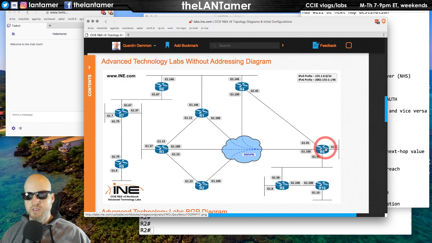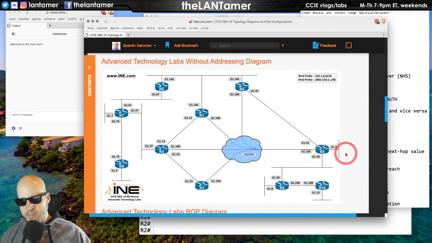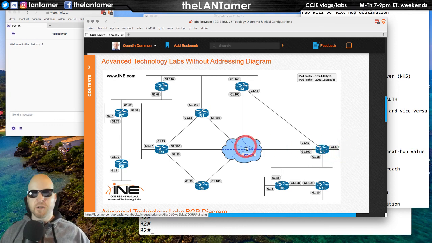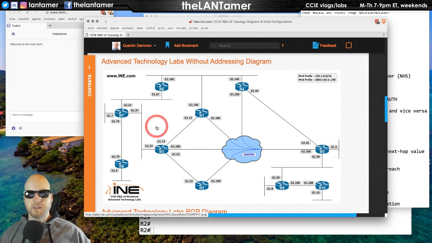So he doesn't have to decrypt, de-encapsulate, look up the routing table, then forward it back out the same interface, and encapsulate, encrypt, etc. Router 1 can simply form a tunnel spoke to spoke.